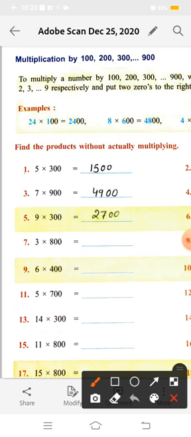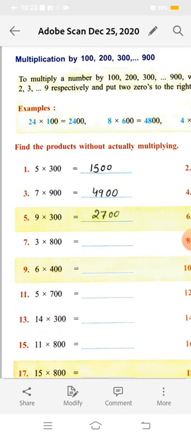Firstly do the multiplication of 5 and 3. So 5 threes are 15. Write here 15, and how many zeros do you have? 1, 2. So put 2 zeros to the right of the product of 5 into 3. It means 15. Okay, so put 2 zeros to the right of 15.